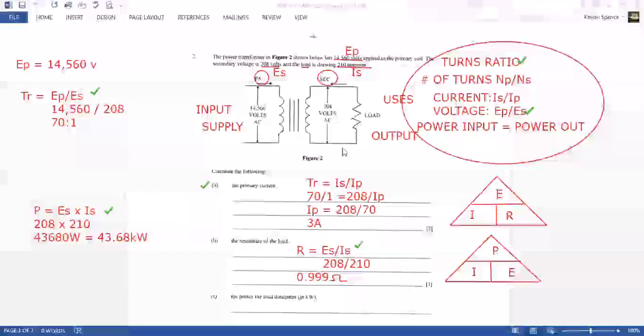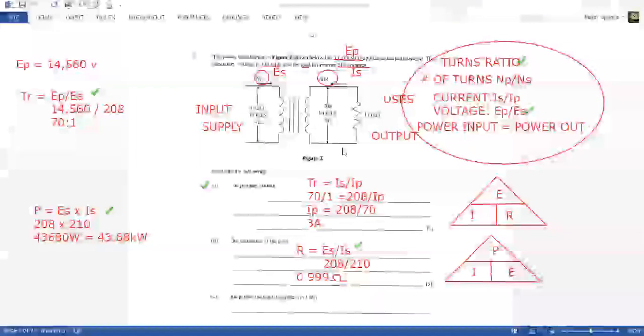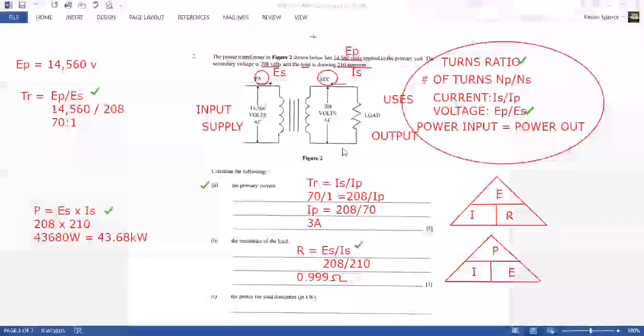So the amount of windings on the secondary coil determines the amount of current or voltage that is transferred to the secondary section.